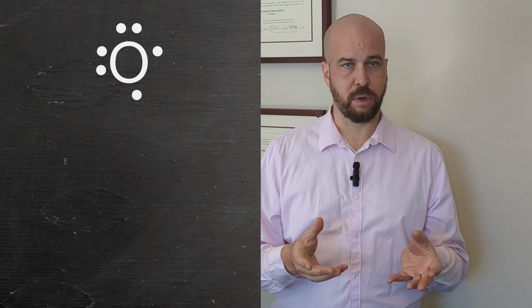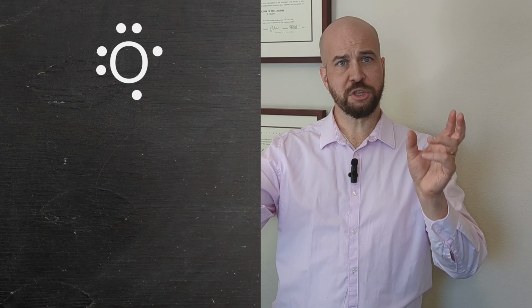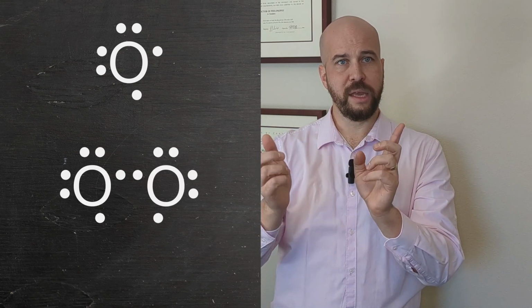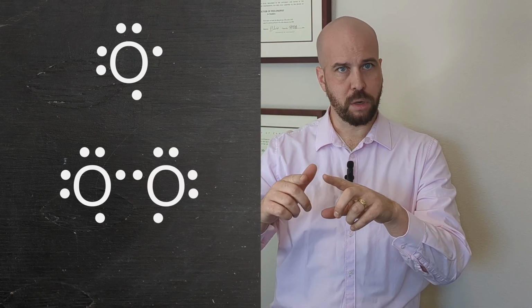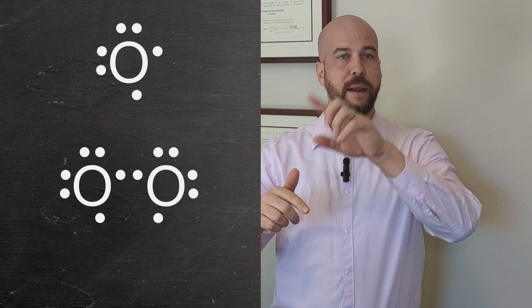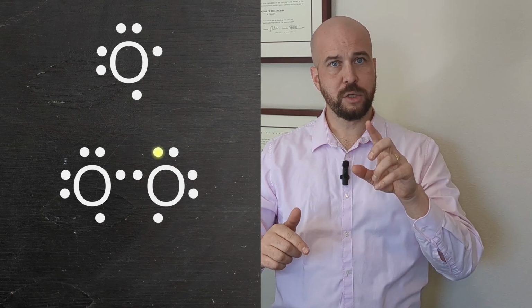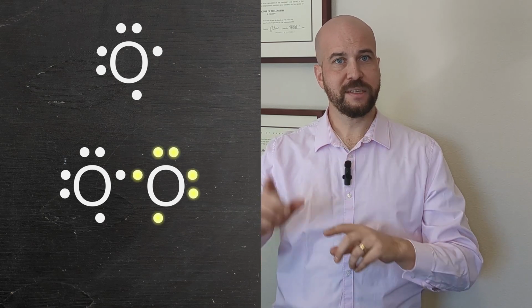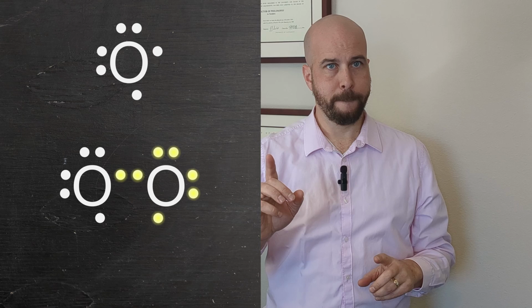So in order to reach the right number of electrons, atoms may actually need to form more than one bond. For example, oxygen. Oxygen starts out with 6 valence electrons. If we bring two oxygen atoms together and they each put in 1 electron to the bond, and now we would count around, we would say there's 1, 2, 3, 4, 5, 6, 7.